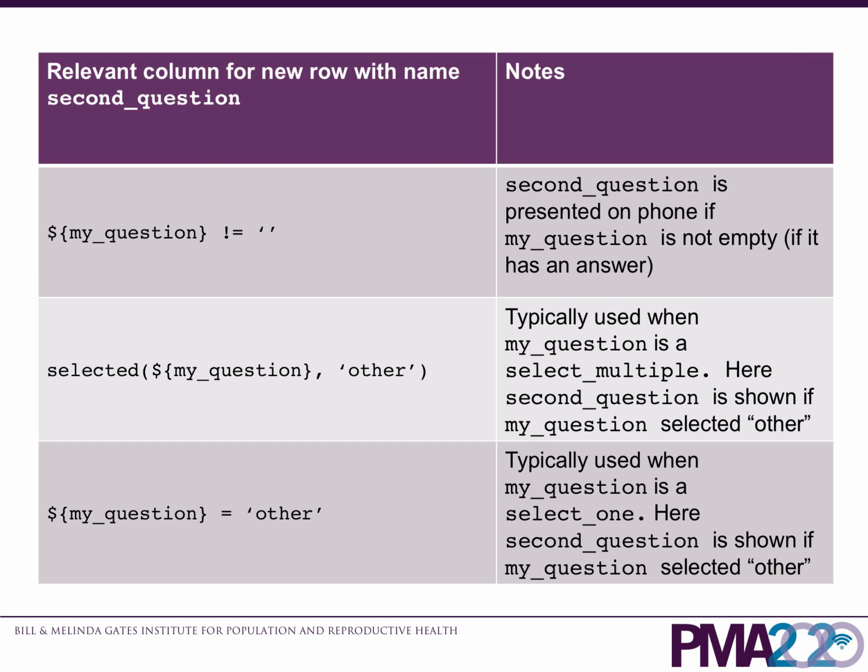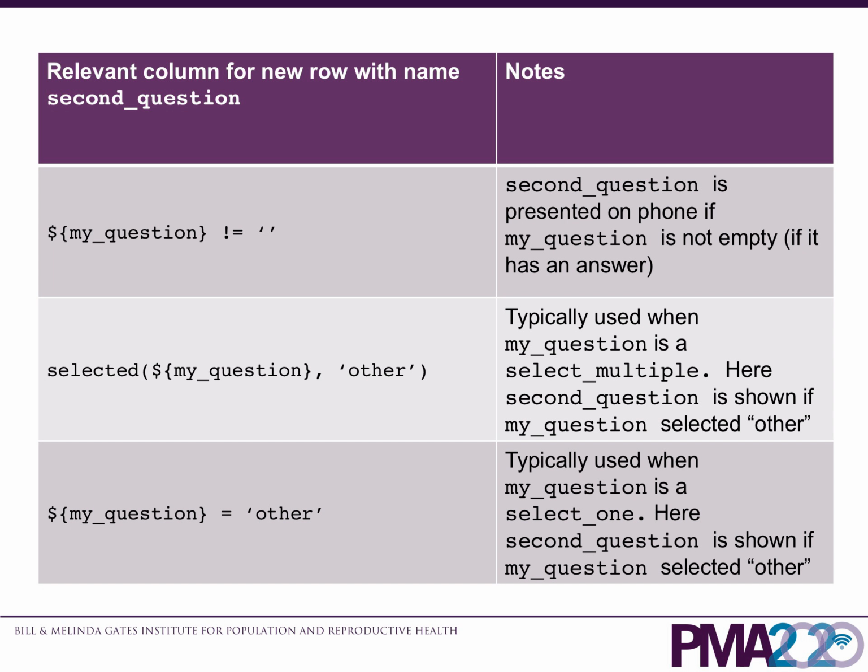We might want to make a relevant based on whether or not a previous option was selected. The second row in this table shows how we might do that with a select multiple question. If we want second question to be shown if other is selected, then we might use this syntax on the second row. A selected, left parenthesis, and the $ curly brace notation, comma, and then apostrophes surrounding the word other.